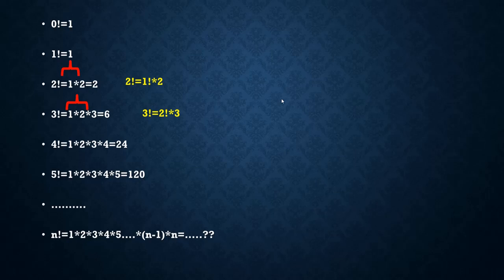That means factorial 2 is factorial 1 multiplied by 2. And factorial 3 is 1 multiplied by 2, that is factorial 2, and again multiplied by 3. Simply I can say factorial 3 equals factorial 2 multiplied by 3.